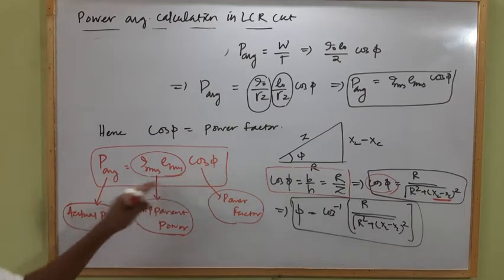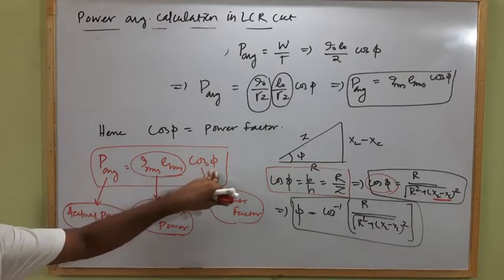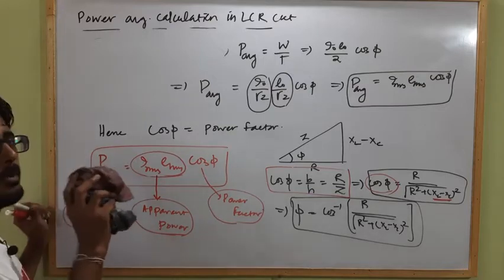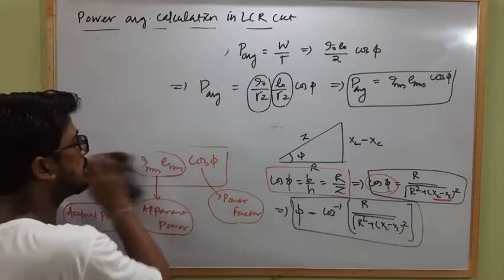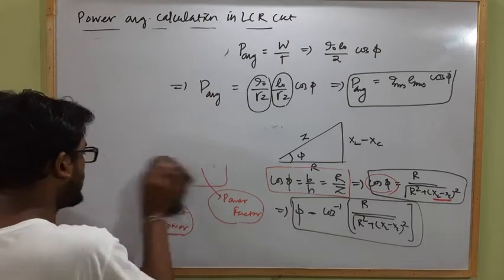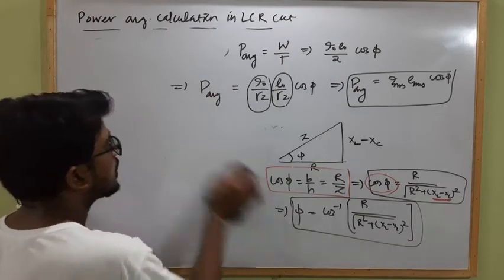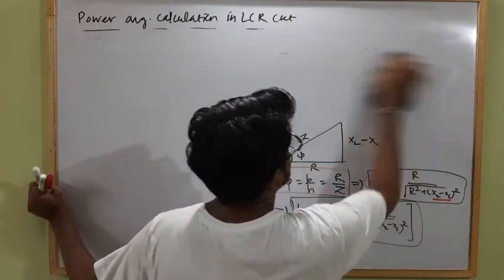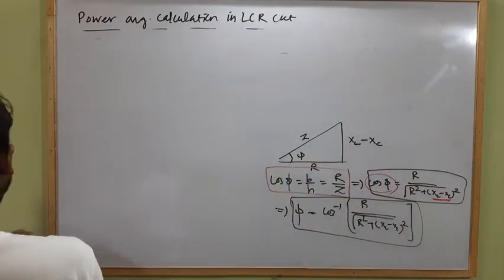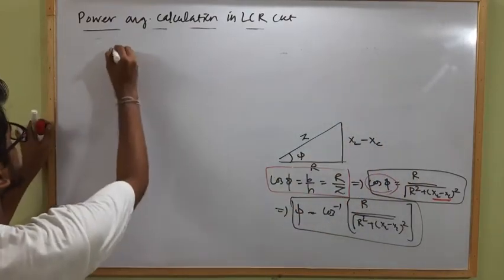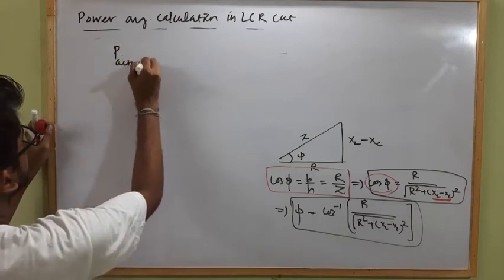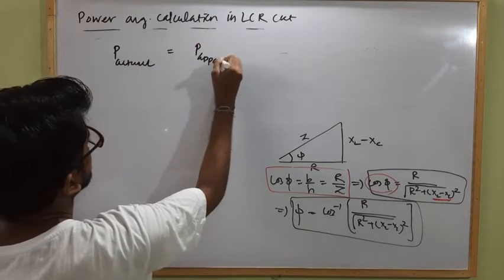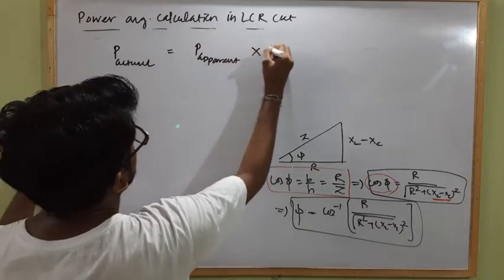So accordingly, using the values of phi, E and IRMS for different cases, we will get the actual P for any AC circuit. So what is actual power for an AC circuit? We can write the actual power equal to P apparent into power factor.